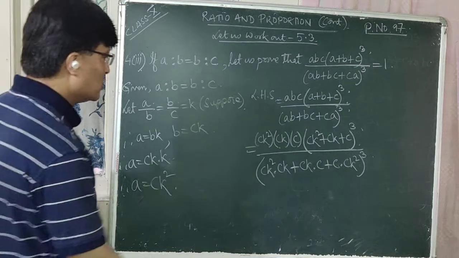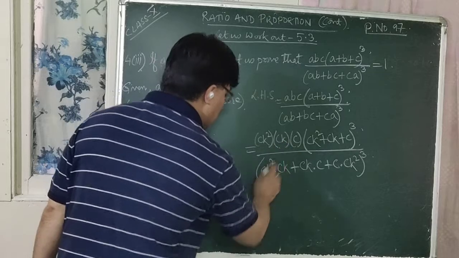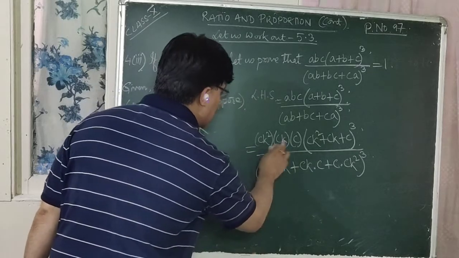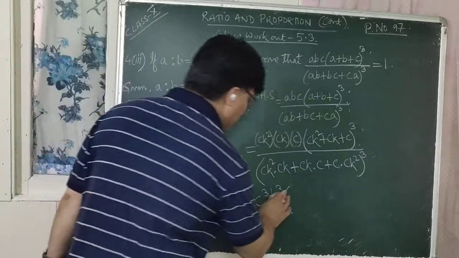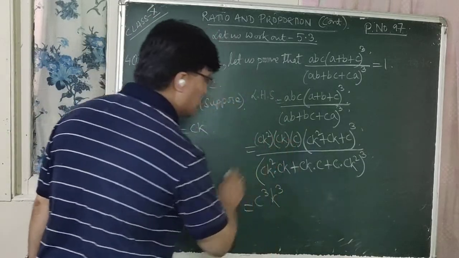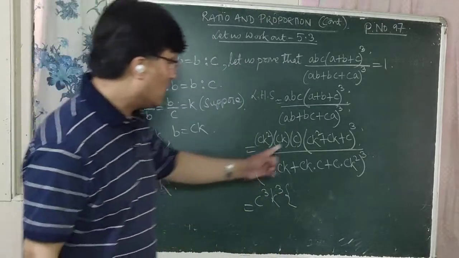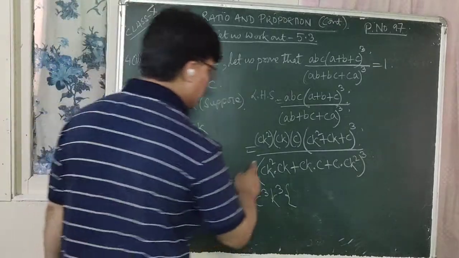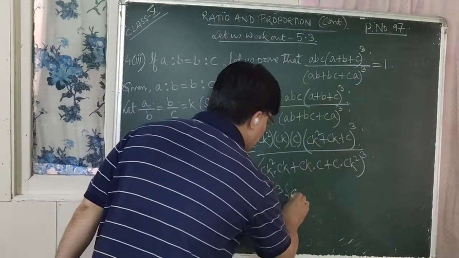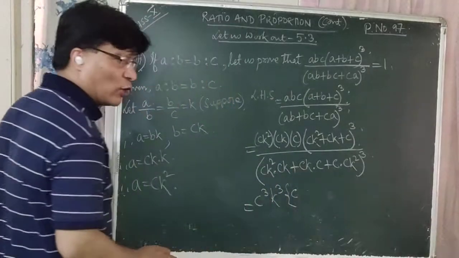Is that clear? So which is equal to, now you can multiply it, C into C into C, C cube, powers will be added, K square into K, that is K cube within bracket. So within the second bracket, let us write it, because in this case, what is common? C is common out there, right? So within whole cube, C is common.